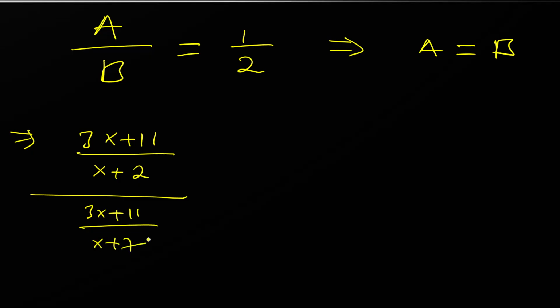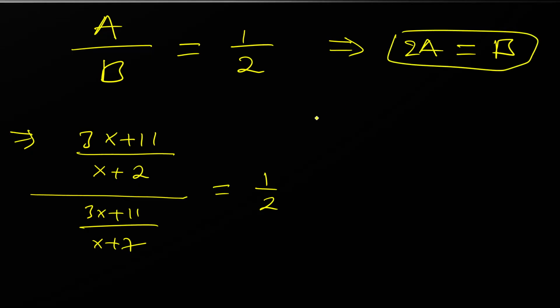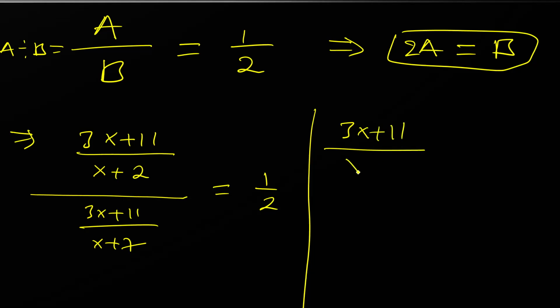Now don't forget that this one is the same as A divided by B, so we can say (3x + 11)/(x + 2) divided by (3x + 11)/(x + 7) equals half.